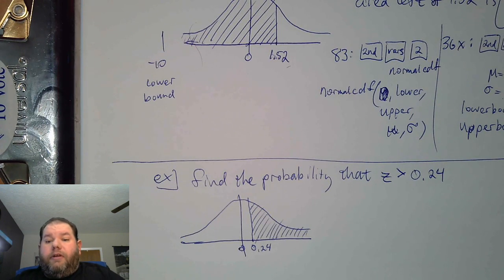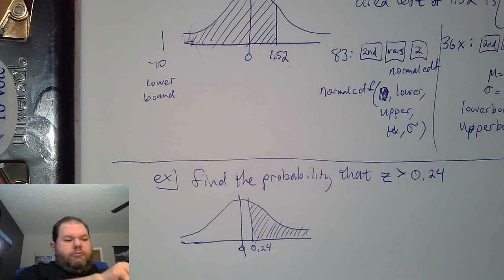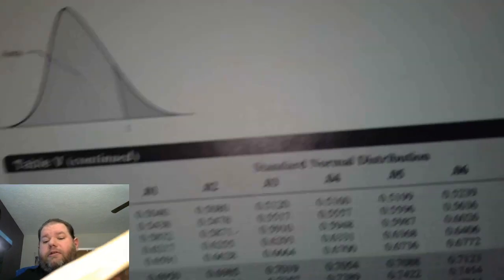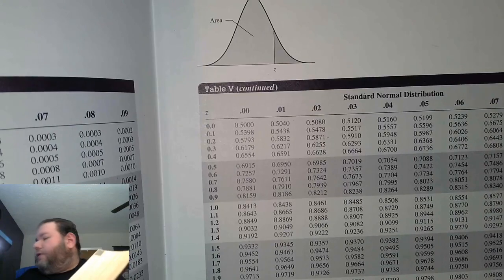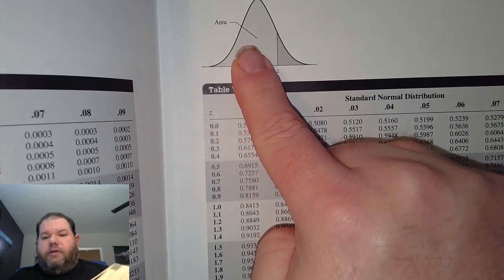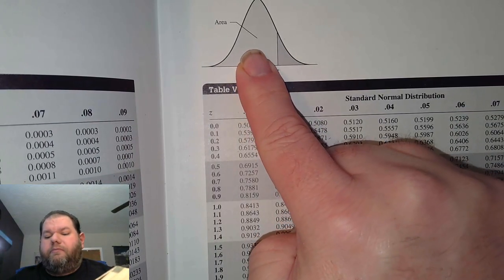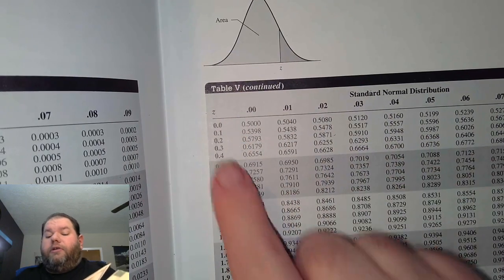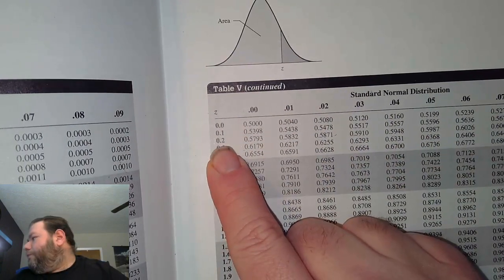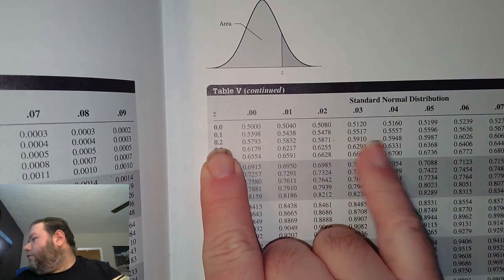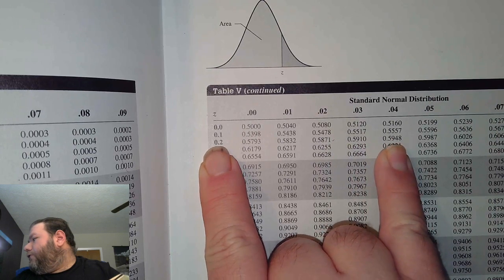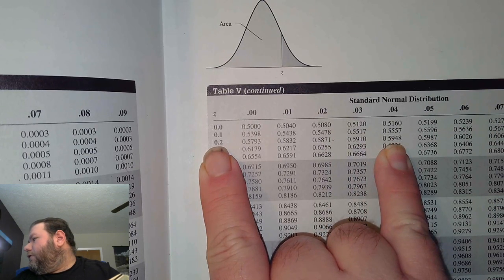Now, if we use the textbook with the tables specifically, in the book, again, the tables only show the area to the left. Okay? So we can look up 0.24. Here's 0.2. And we go across to where 4 is.